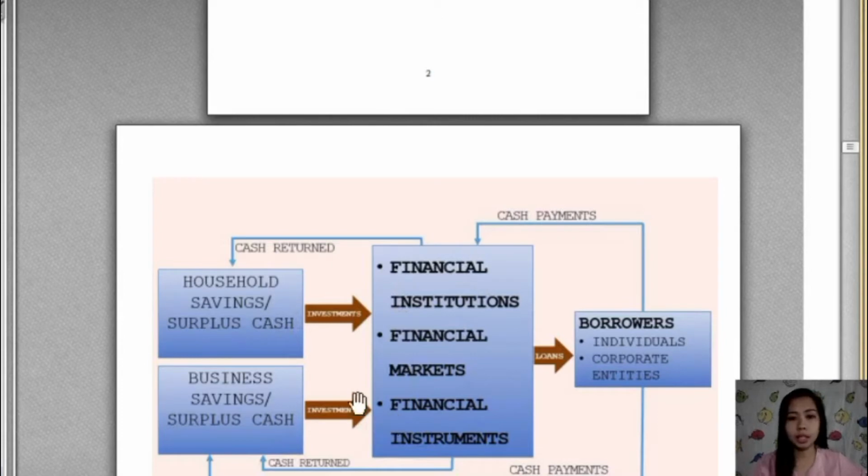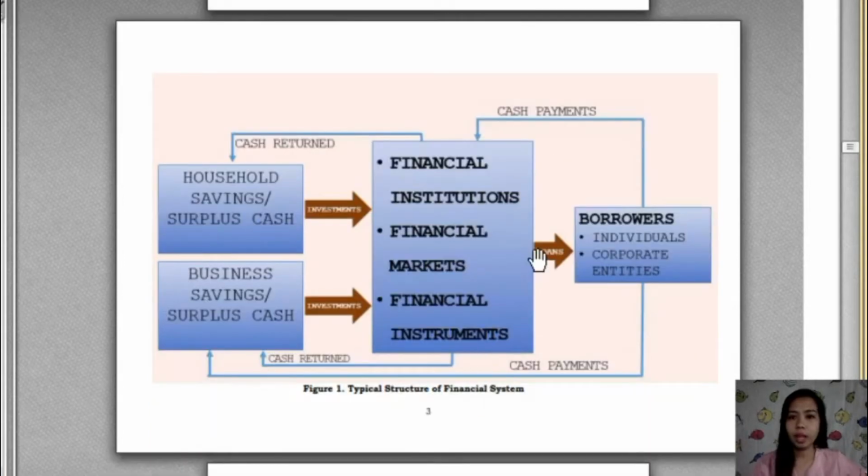So, yung mga excess, yung mga nasi-save, dito idinadaan. And then, pupunta siya or ilo-loan siya ng mga borrowers, could be individuals or corporate entities. So this is a typical structure of a financial system or the flow of funds.